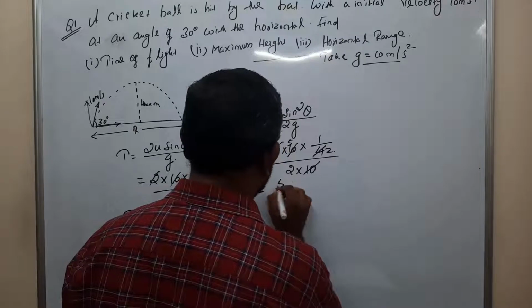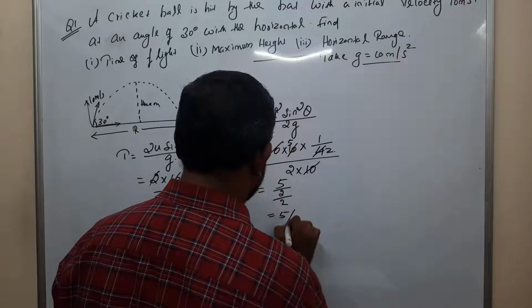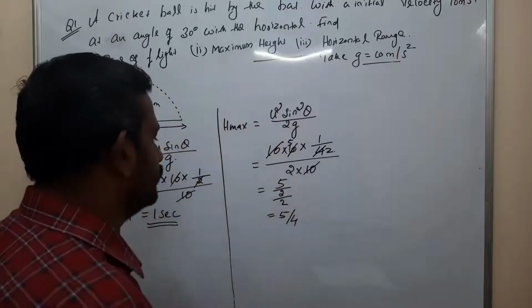That's equal to 5 divided by 2 divided by 2. That's equal to 5 divided by 4.